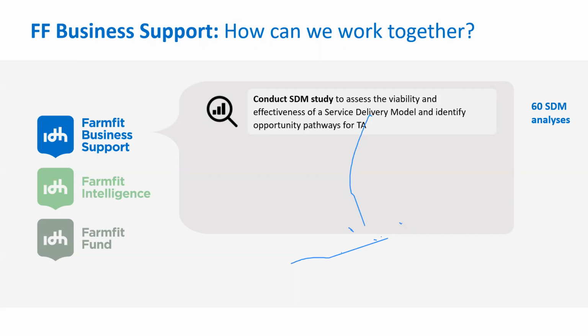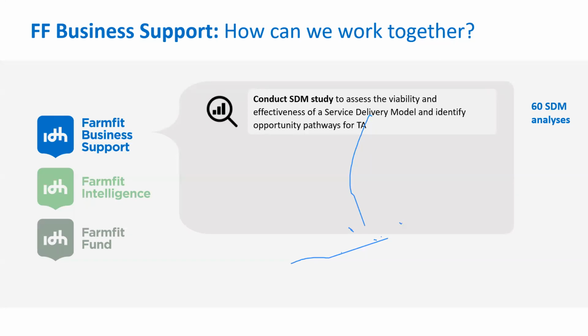Under FarmFit, in this period, we're doing 60 SDM studies, and we'll talk a bit more about selection criteria on those in a moment. But I think what is important to mention is that these 60 SDM studies don't need to be fully financed only by FarmFit.